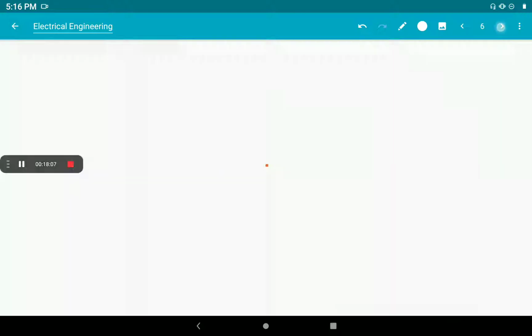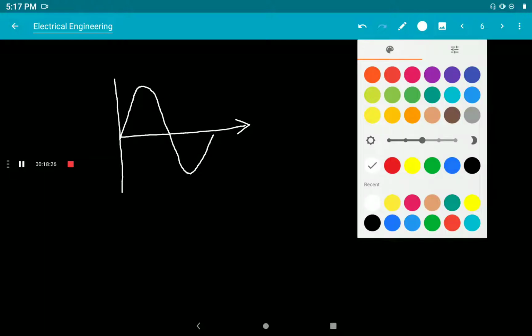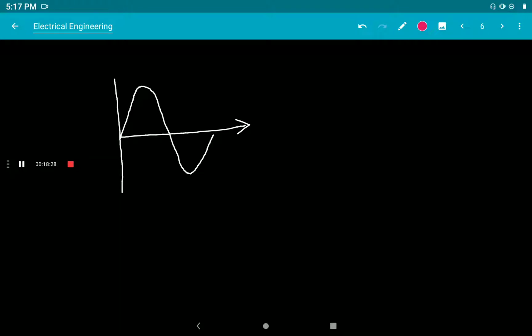For example, first we are going to draw one waveform as an example, and we will represent that waveform as a phasor. Okay, so first, A is a reference wave. Then the second one, B, starts from 45 degrees. So B is a lagging wave.